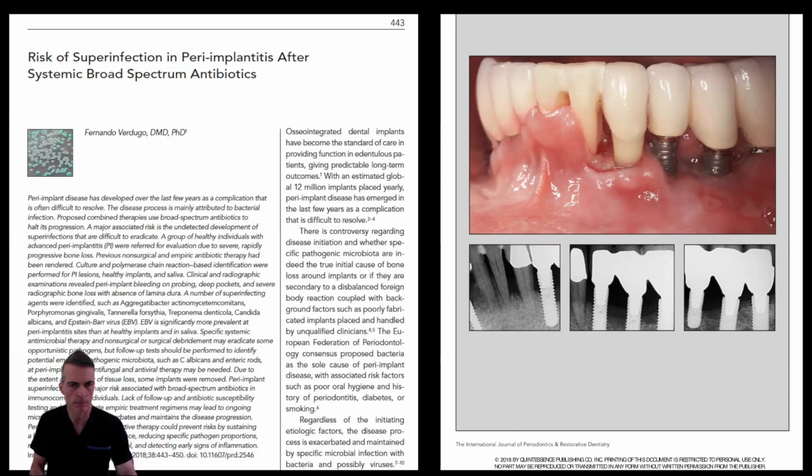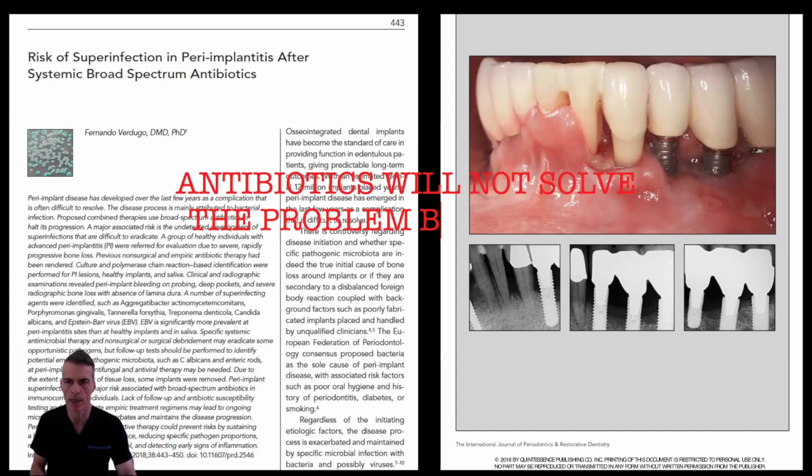So oftentimes, most of the time, the broad spectrum antibiotics is going to do more harm than good. We definitely need to stop prescribing antibiotics empirically, especially in this type of severe peri-implantitis case.